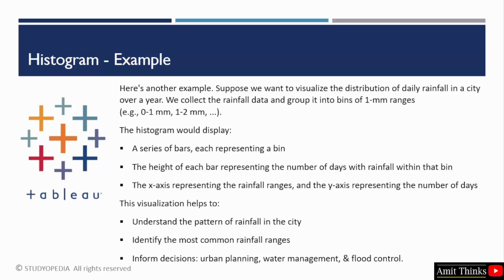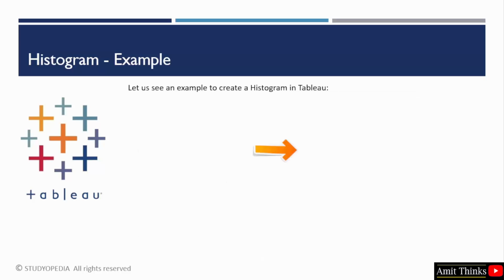The height of each bar will represent the number of days with rainfall within that range. This histogram visual will help in understanding the pattern of rainfall so that we can identify the most common rainfall ranges. This will later help in managing water and also in controlling floods. Okay, so this is really important.